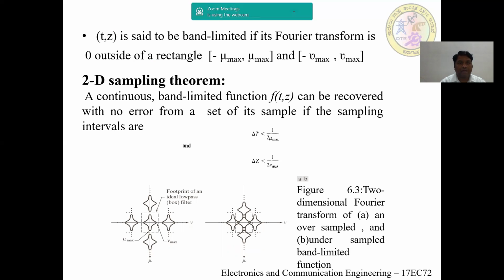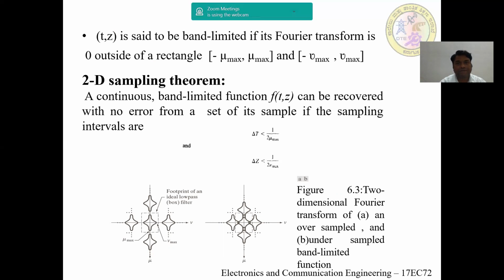The 2D sampling theorem: a continuous band limited function f(t, z) can be recovered with no error from a set of its samples if the sample intervals are ΔT less than 1/(2μmax) and ΔZ less than 1/(2vmax).